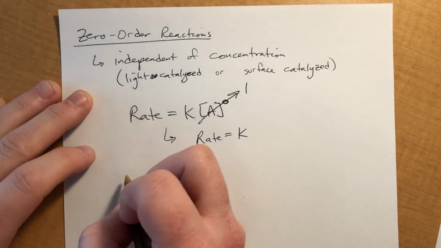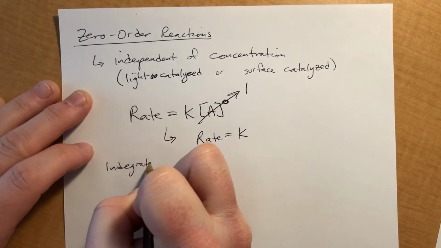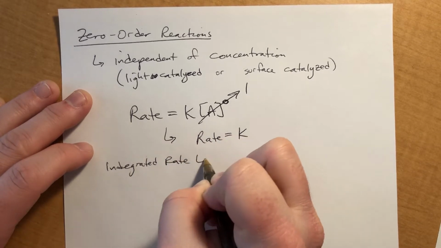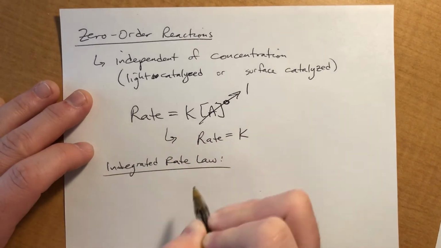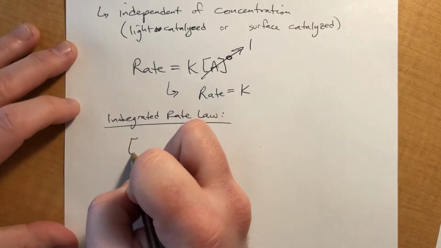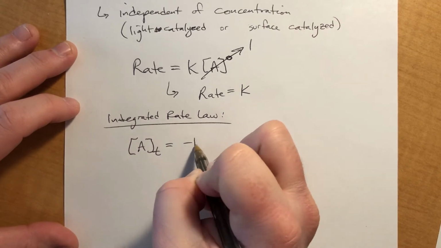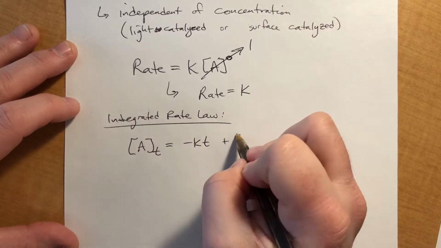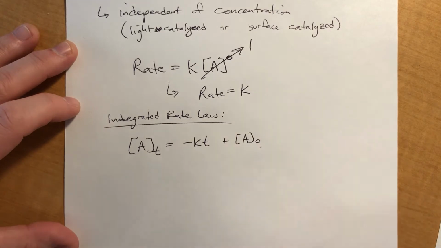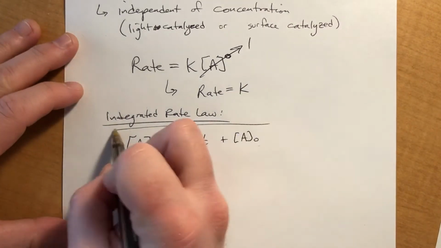Okay, but the integrated rate law for this looks like this. It's actually in the y equals mx plus b format, but it's basically concentration at time t equals negative kt plus the concentration of A sub 0. Okay, that's it.